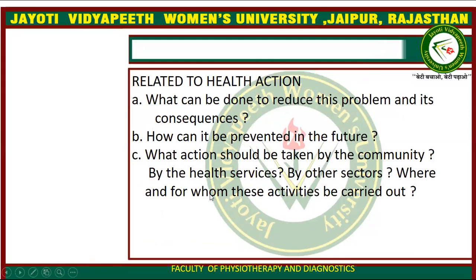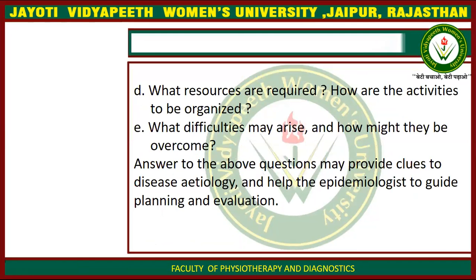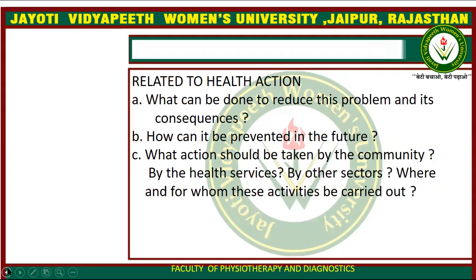Next is related to health actions. First question is what can be done to reduce these problems and their consequences? Second question is how can it be prevented in the future? Third question, what action should be taken by the community, by the health services, by the other sectors, where and for whom these activities are carried out?